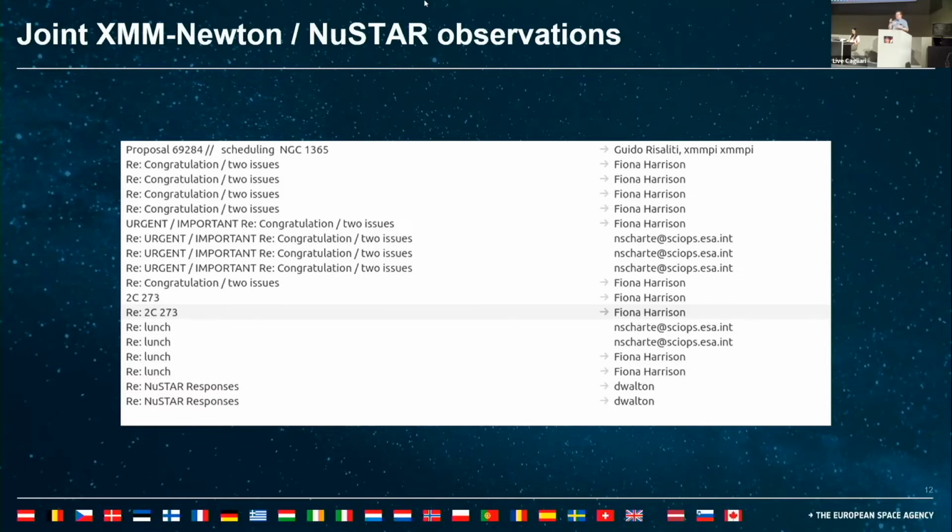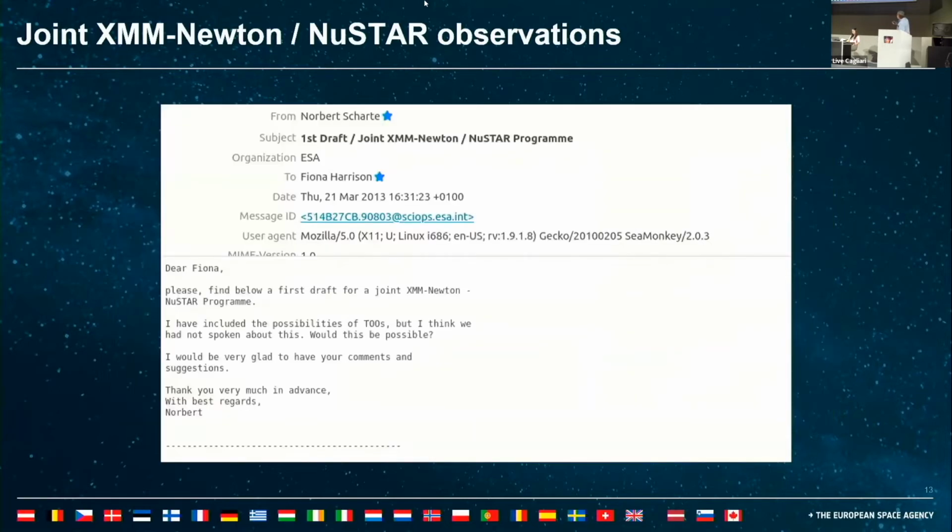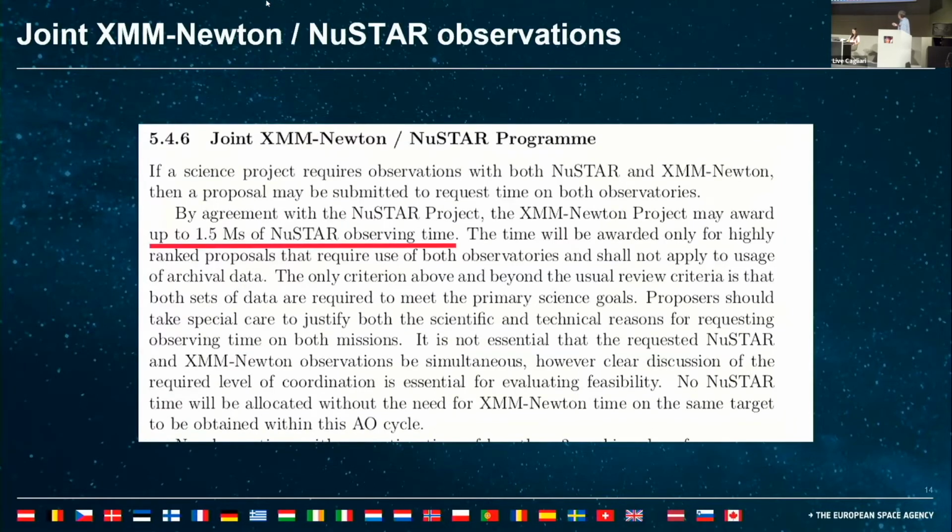And this is a fantastic number because it allows such long joint monitoring programs. And you see then in March next year, I sent basically a first draft of the program and then our first joint program. And you see here, the time which can be given out is 1.5 megaseconds, opening the possibility for this large monitoring with both missions together.